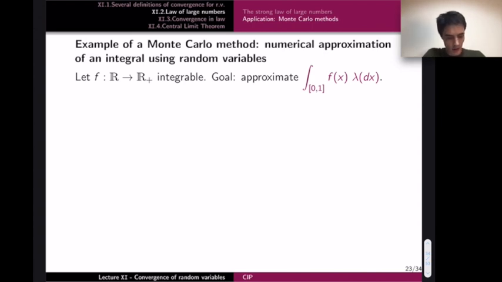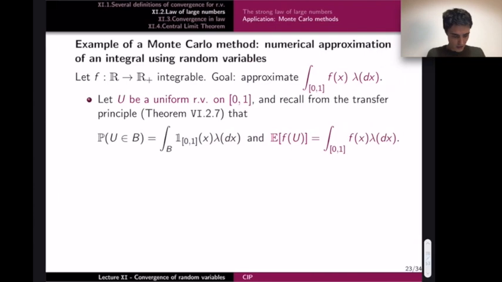So it goes as follows. Basically, you have an analytic object, like an integral, and you want to approximate it numerically. So let's say f is a function which is integrable over some interval, say 0, 1. I want to approximate this quantity. I cannot do it analytically, maybe. f might be a bit complicated.